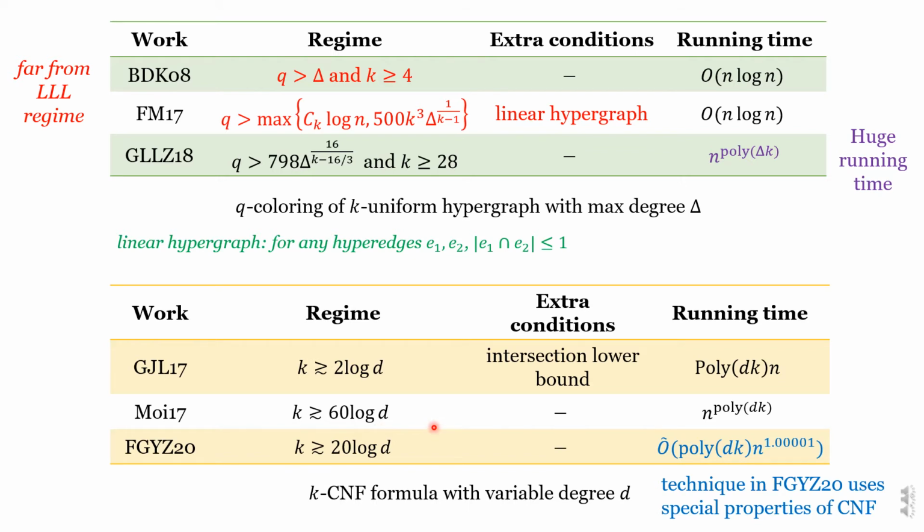However, the running time is n squared poly(delta, k). Recently, Weiming et al. proposed a much faster randomized algorithm. The resulting sampling algorithm enjoys a close to linear running time with an improved region k is greater than or equal to 20 times log d.